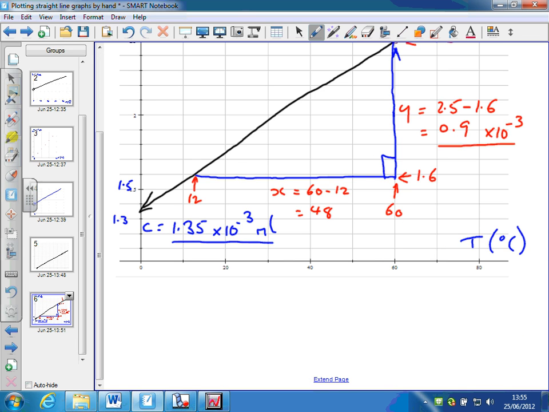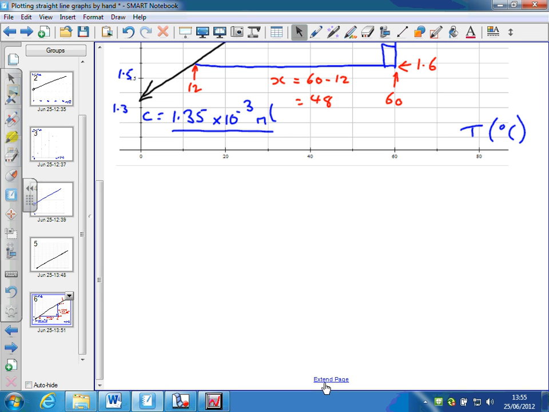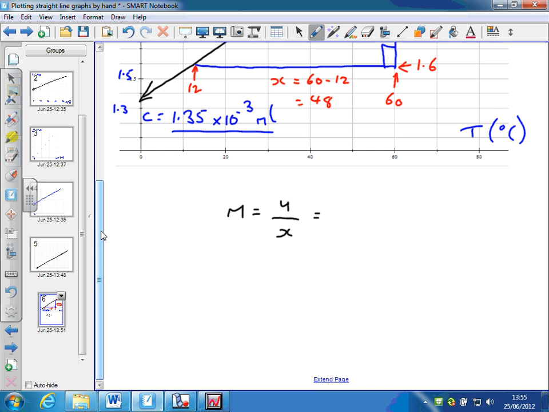So now the gradient m equals y over x, which equals 0.9 times 10 to the minus 3 divided by 48. And put that into a calculator and come up with the value for m.